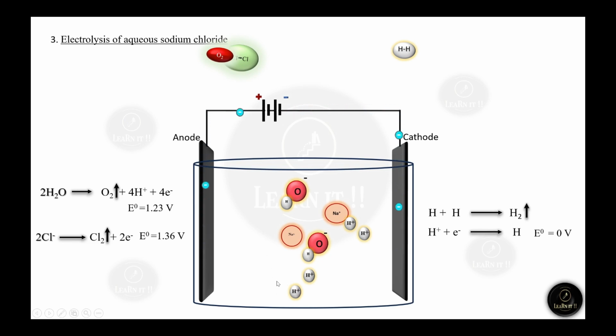If we take the dilute solution, then water molecules are more, that's why oxygen is liberated. If we take the concentrated solution of NaCl, then even though it has higher reduction potential, since the difference between the reduction potentials is less, chlorine gas is liberated at the anode.